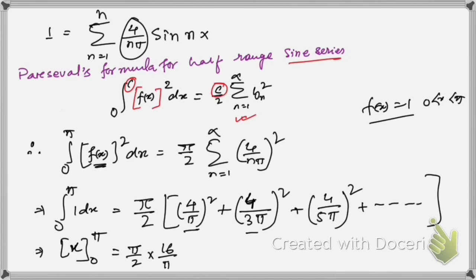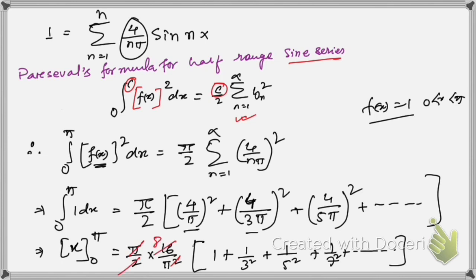Then here we're going to get 1, plus 1 by 3 square, then 1 by 5 square, then 1 by 7 square, and so on, plus dot dot dot. After cancelling pi with pi square, we get pi below, so this is going to be 8 by pi. On this side we will get pi only, pi minus 0.